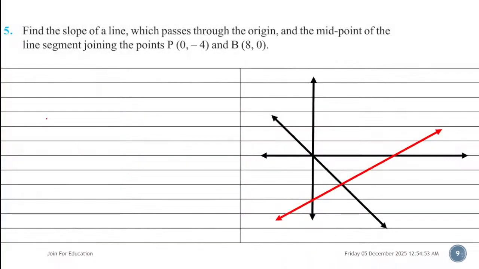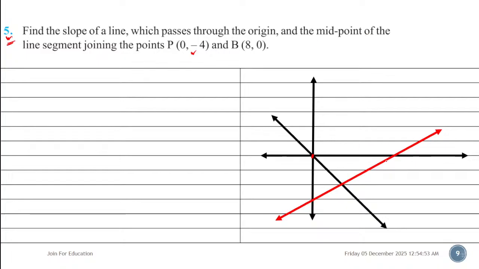Let's see the last question of this class. Find the slope of the line which passes through the origin and the midpoint of the line segment.